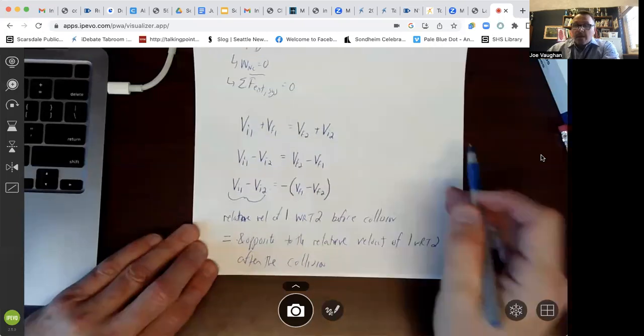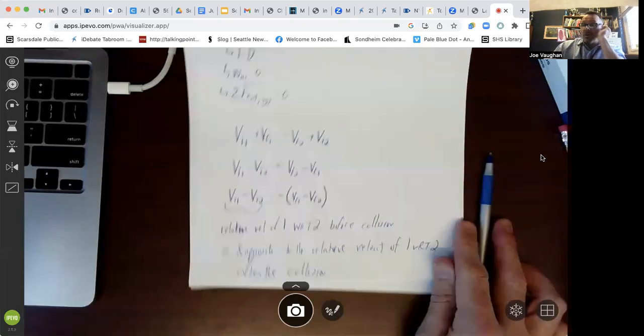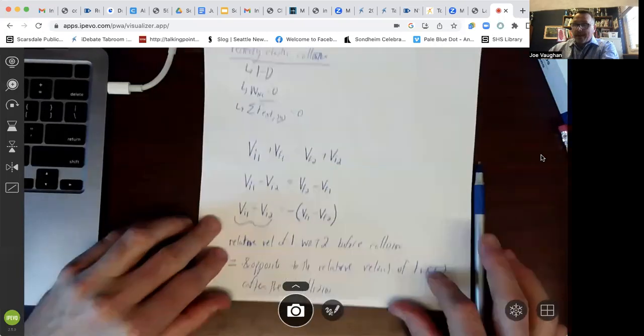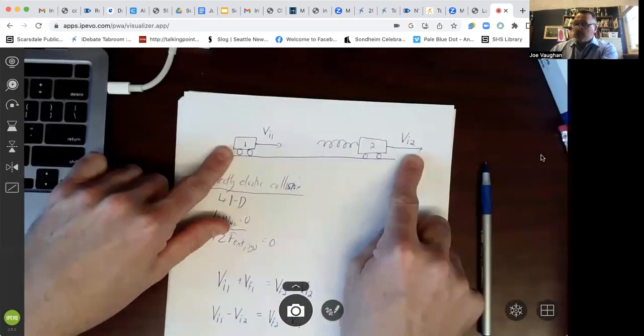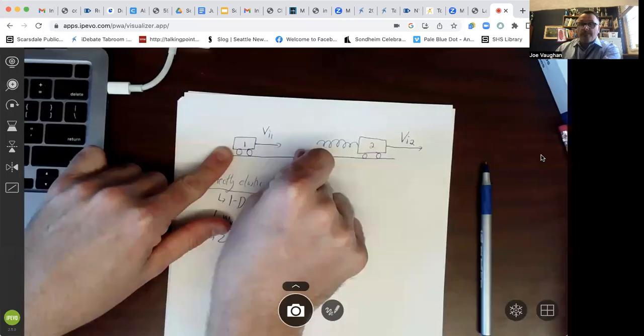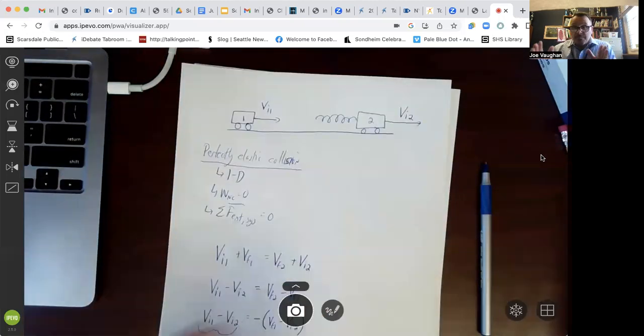Okay. So that also could be said in the following way, looking at our picture. As 1 is approaching 2, the distance between them is getting smaller. The speed at which the two objects approach each other is equal to the speed that they recede from each other after the collision. That's what that says, right?